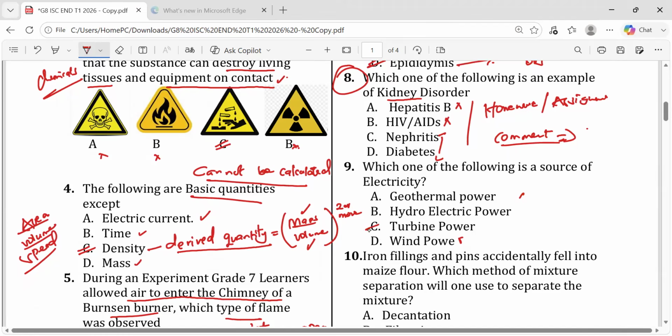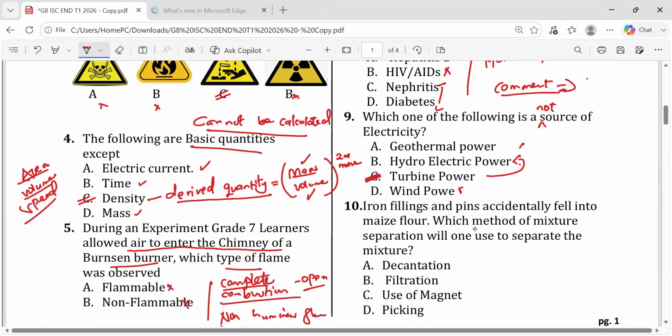The only one which is not is turbine power. I think the question should be, which of the following is not a source of electricity? The one there is turbine power. Remember, turbines generate hydroelectric power, they are not themselves a source. So geothermal, hydroelectric power, and wind power are the sources of electricity except turbine power.